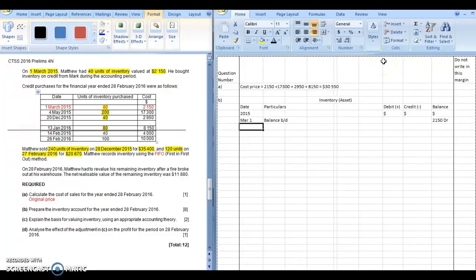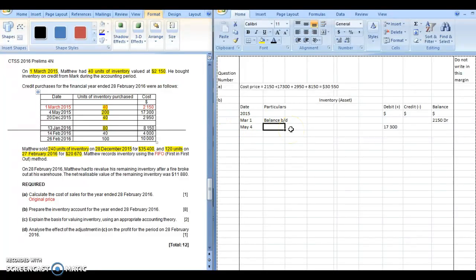Now, when you're preparing this entry, let's say the date where you buy your inventory, you have to make sure that you got the particulars right. So when you buy, inventory goes up, you are going to debit the amount, 17,300. That is pretty clear cut. But the particulars in this case, there's two ways.